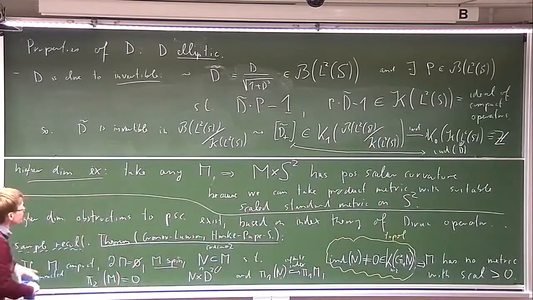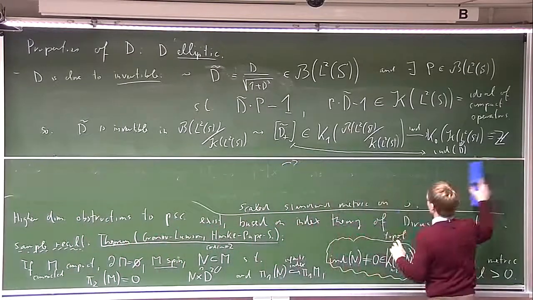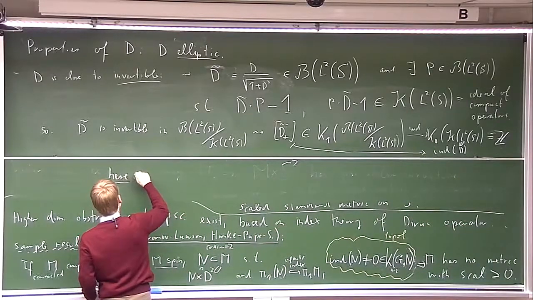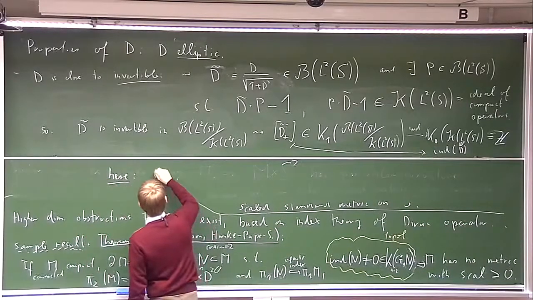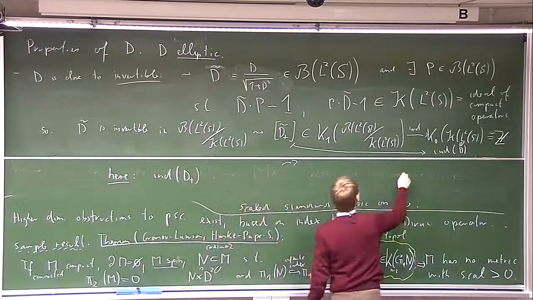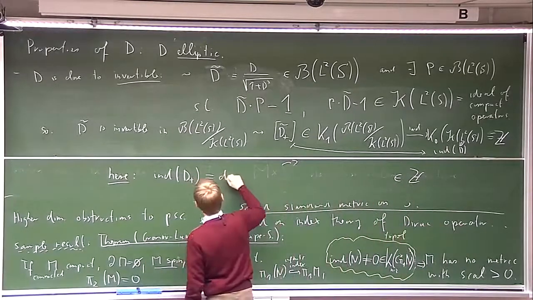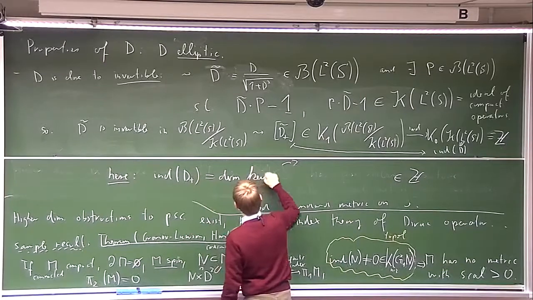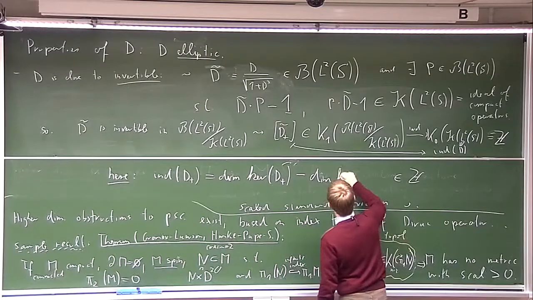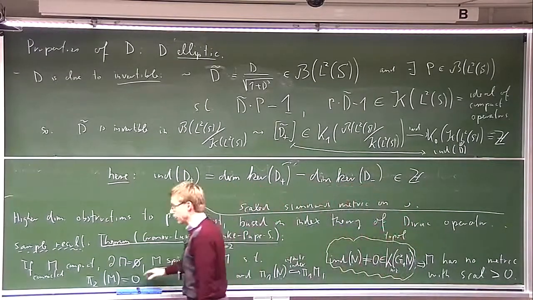Anyway, in the baby situation here, the index of D plus, in the integers on its identification, is nothing but the dimension of the kernel of D plus minus the dimension of the kernel of D minus. Okay, but that's what you expect.